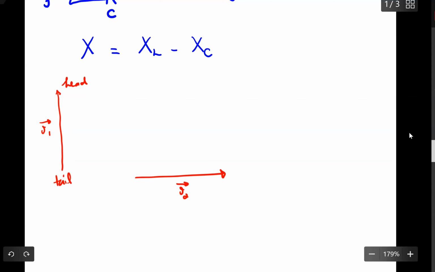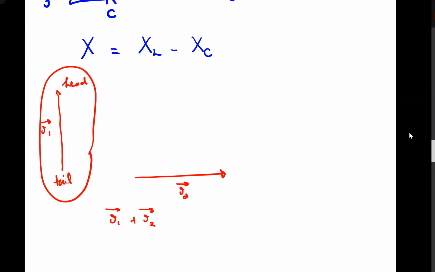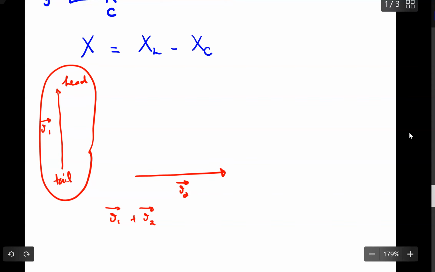If I have another vector, V2, and I would like to add vector V1 with vector V2, I will have to take this vector V1 and place it onto the head of this vector. So I take the tail of the first vector and place it on the head of the second vector, making sure that I have the same magnitude.